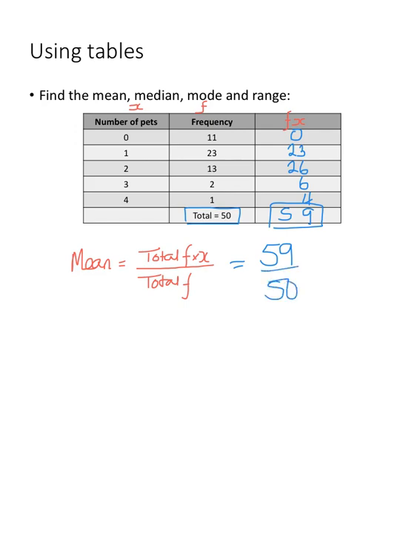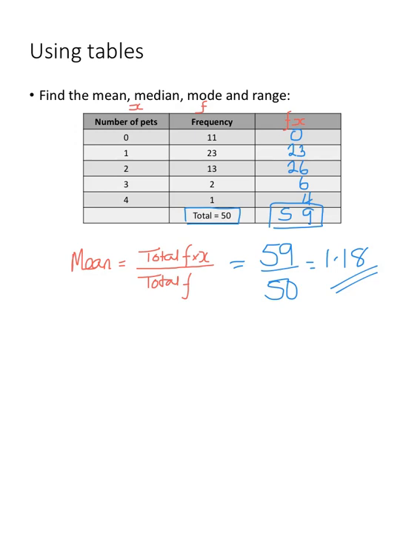And putting that down as a decimal would be 1.18. Now it doesn't matter that your answer is a decimal for the mean, that's fine. So we can say the mean number of pets is 1.18.